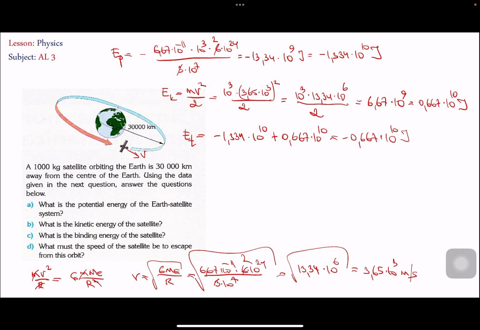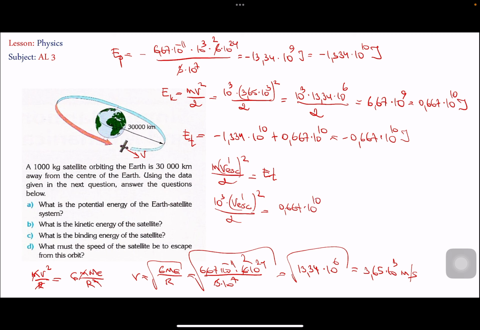Now I will deal again with the positive number here in order to calculate the escape speed. To calculate the escape speed, I just have to equalize the kinetic energy with the total energy. So 10 to the power of 3 times the escape speed prime squared over 2 will be equal to 0.667 times 10 to the power of 10.